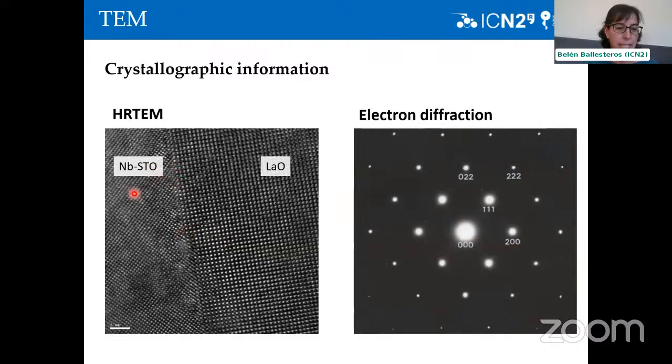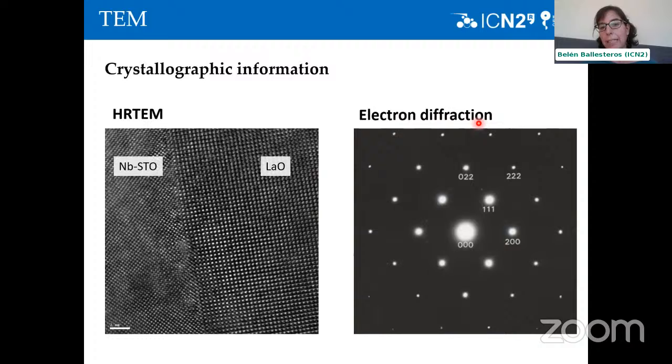This is, for instance, a sample of strontium titanate doped with niobium that was grown on top of lanthanum oxide, and we can see the structure of both materials and also the interface, and study if there are defects growing, how the growth has gone, and if, in the different planes that we're getting, there are intergrowths between phases, etc. So we can also get this in a TEM.